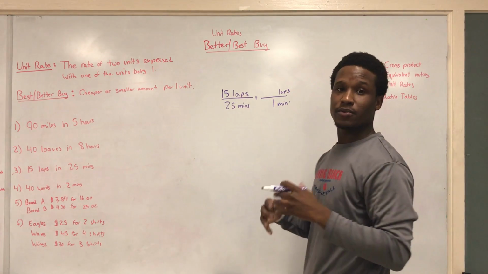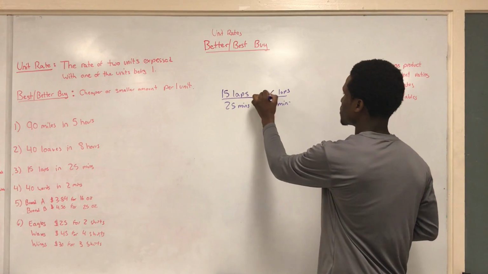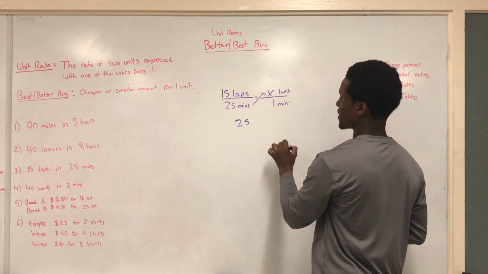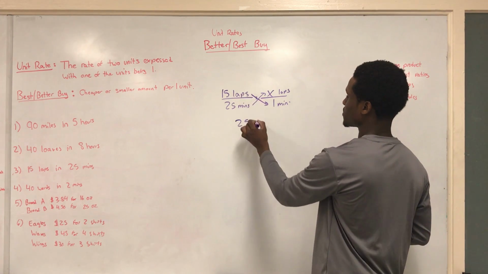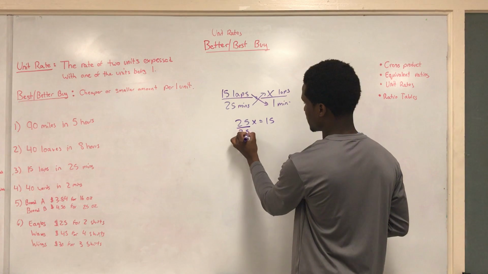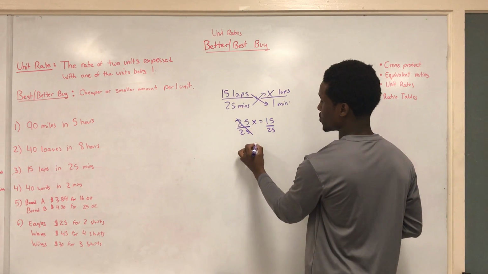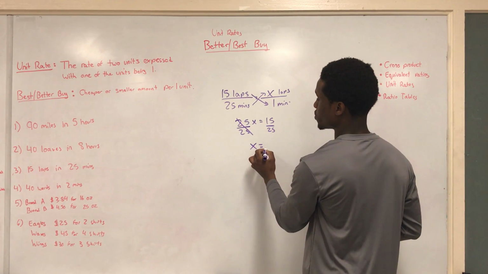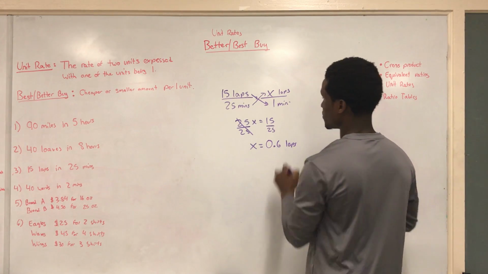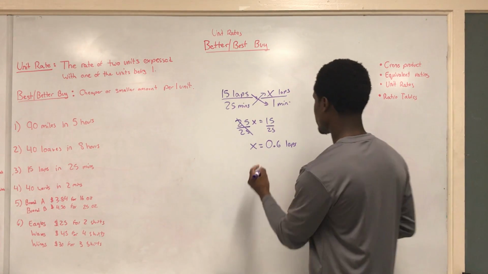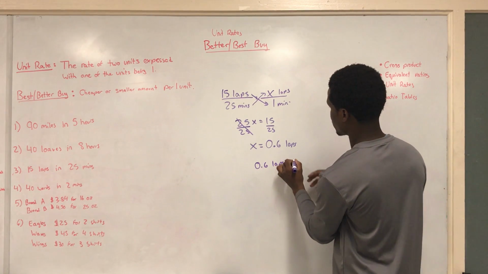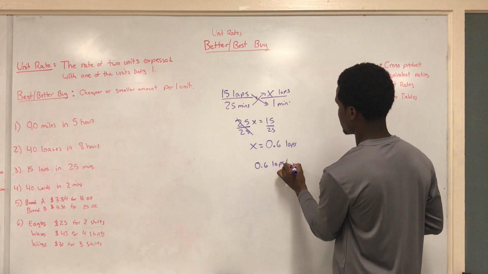If I'm doing a cross product, I'm going to multiply 25 times x, which will give me 25x, and multiply 15 times 1, which will give me 15. So let me divide by 25 and divide by 25. So x is going to equal 0.6 laps. So what is my unit rate? My unit rate is 0.6 laps per minute.